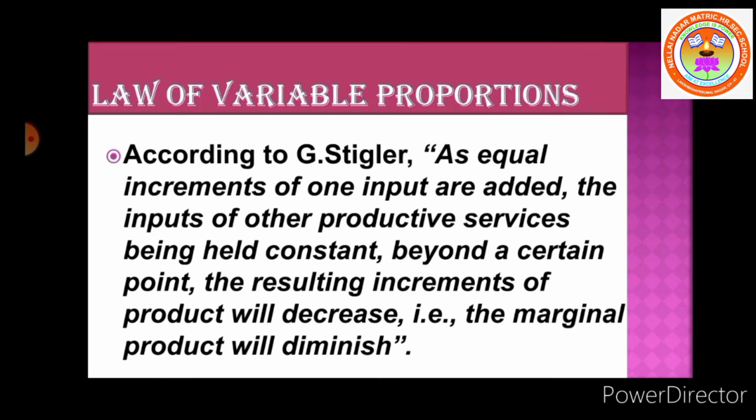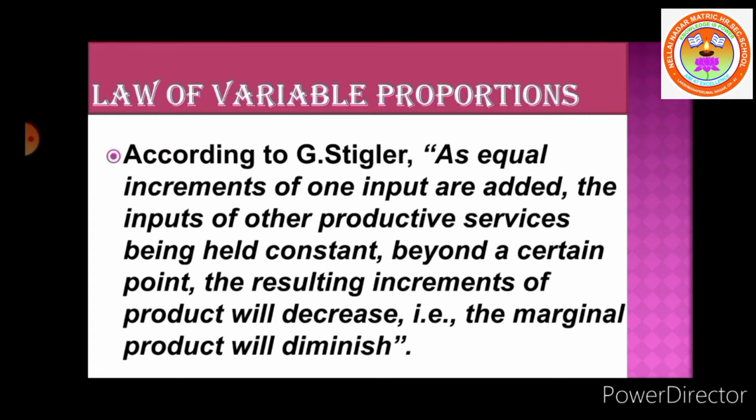Therefore, the land-labor ratio is 10:1. Now, if you keep the land constant but increase the units of labor to 2, the land-labor ratio is 5:1. Therefore, you can see the law analyzes the effects of a change in the factor ratio on the amount of output, and hence it is called the law of variable proportions.